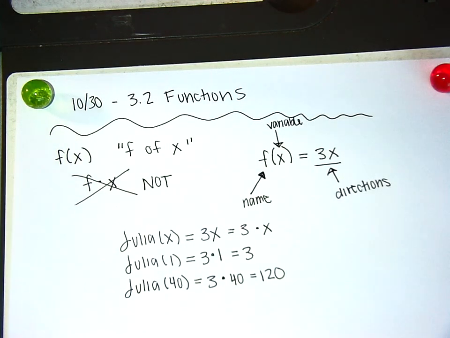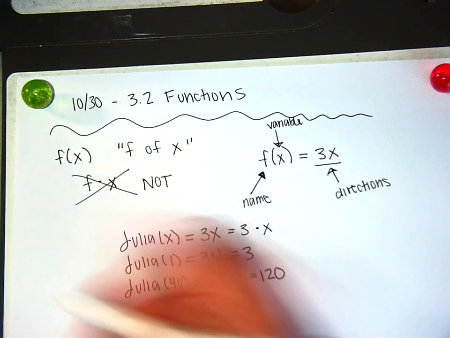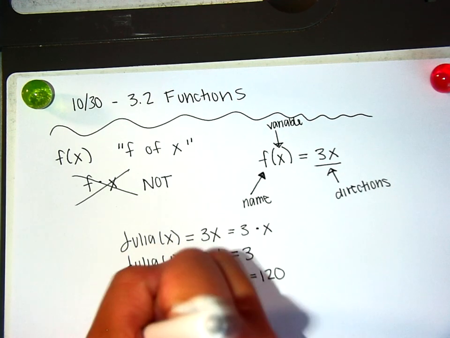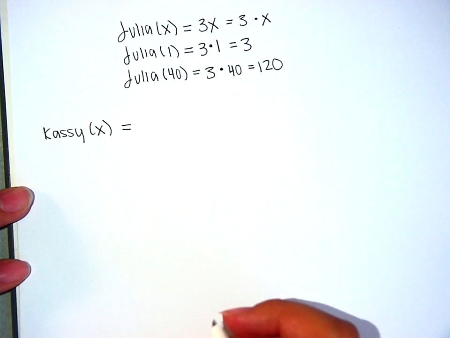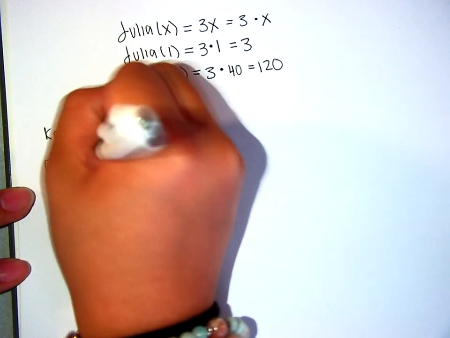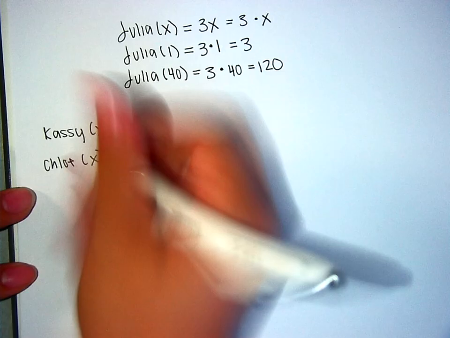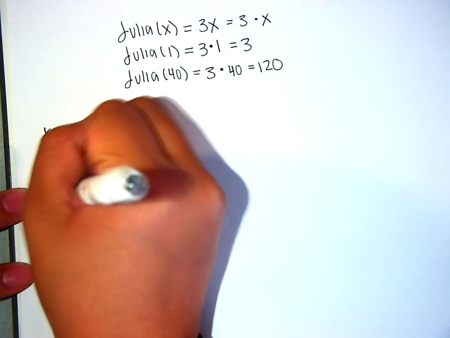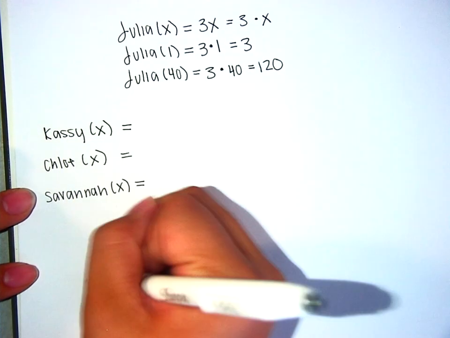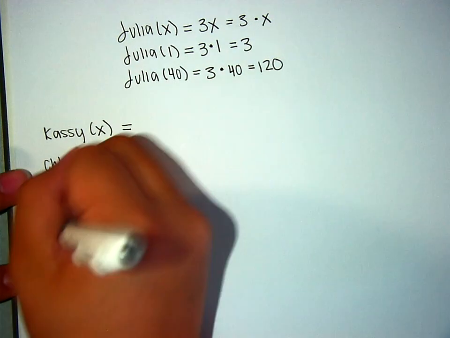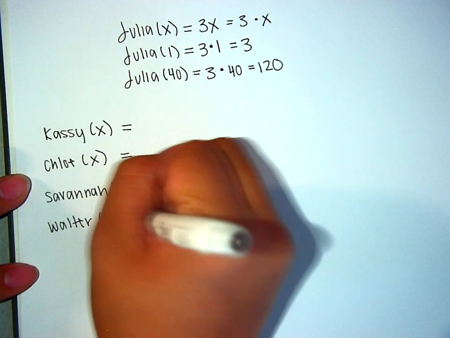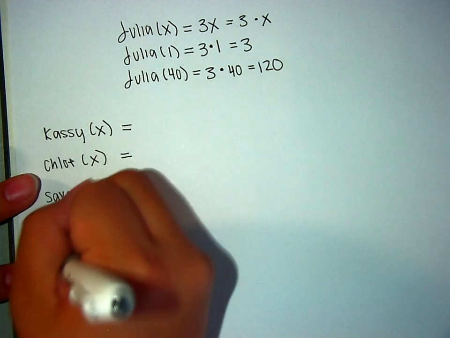Number 4, Cassie. Number 5 was Chloe. Who is number 2? Savannah? 7? Walter? And 1, it's me.